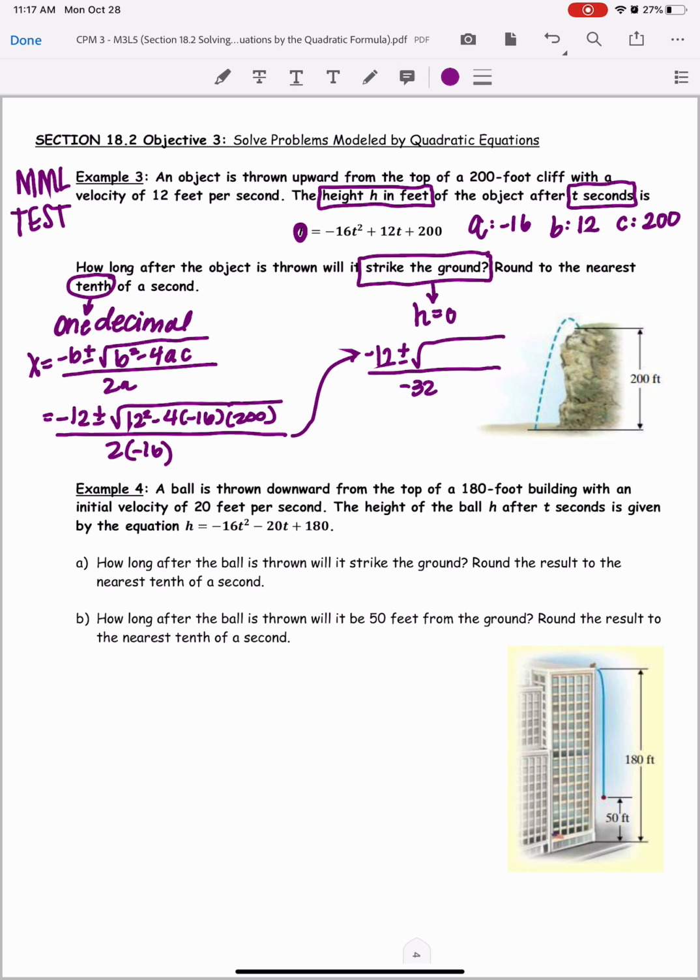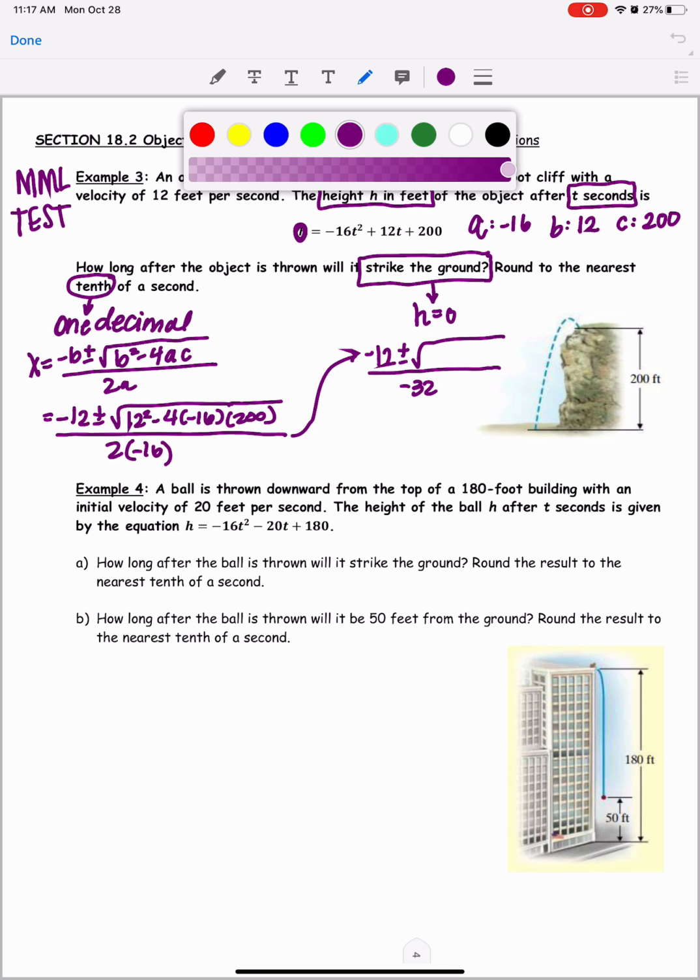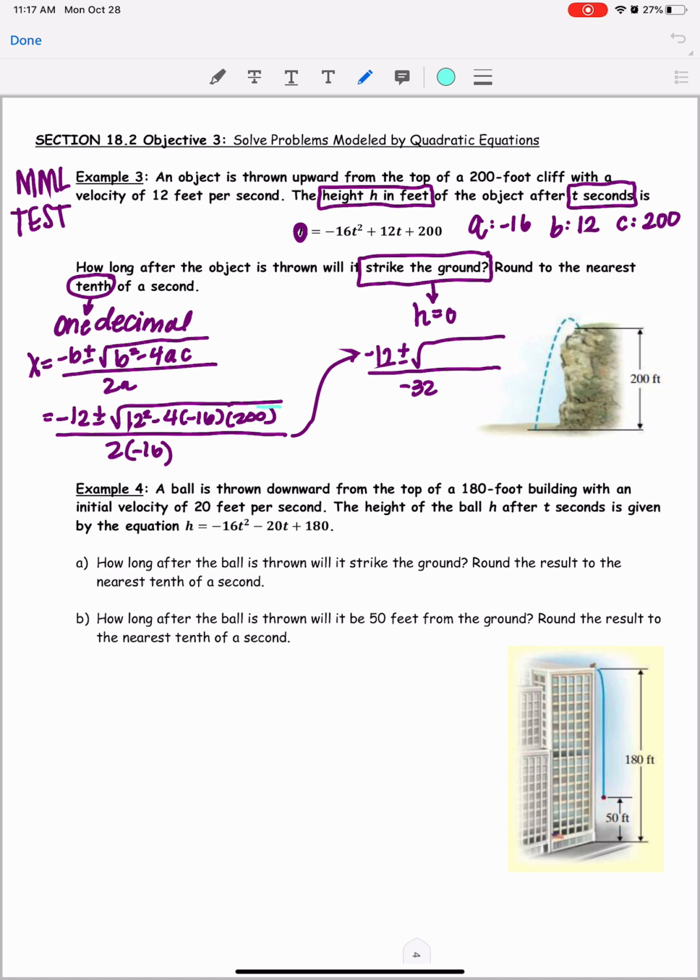So, in your calculator, we are putting in what is under that radical. So 12 squared minus 4 times negative 16 times 200. Okay, we get 12,944.